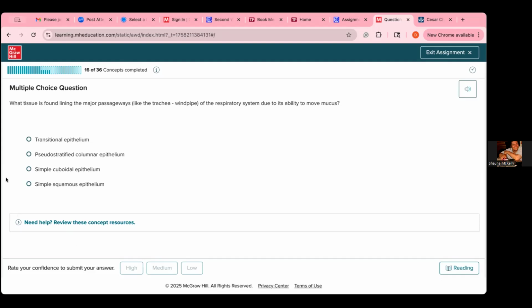Hold on, this is not the right one. Pseudostratified columnar. Yeah, they don't have the word ciliated, but it has to be pseudostratified columnar epithelium.